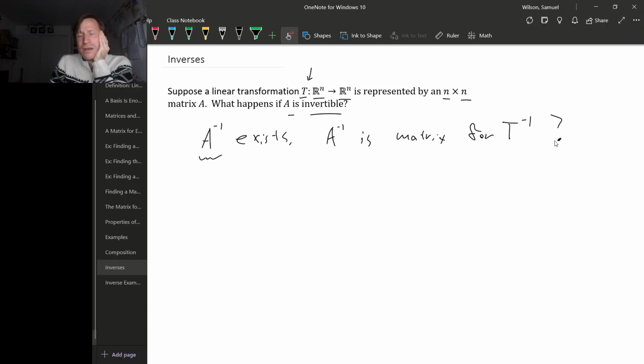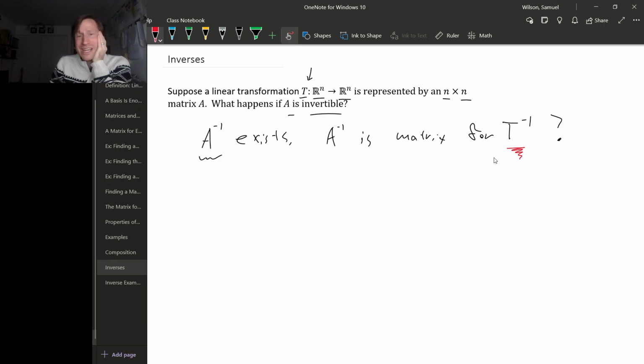That could be. Well, actually, this would be a little surprising because we don't even know if T inverse exists. T is a function from Rn to Rn.